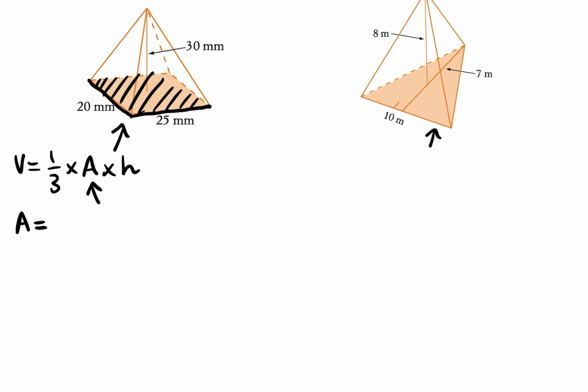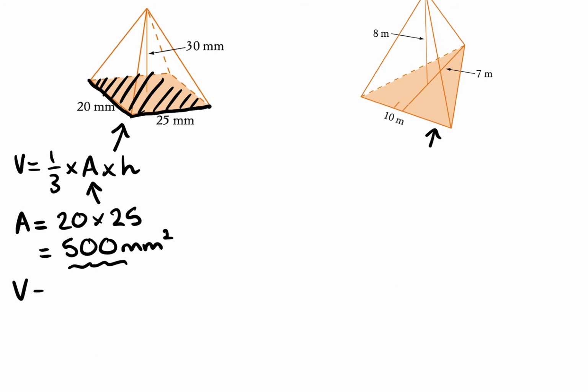And you can see that the dimensions there are 20 millimeters by 25 millimeters. So our area is just going to be 20 times 25, which is 500, and square millimeters is the unit. Now if we want to find the volume, we can use that as our value for A.